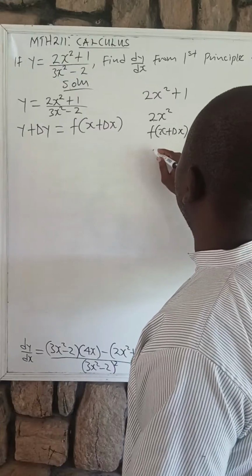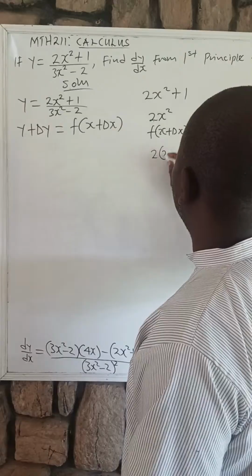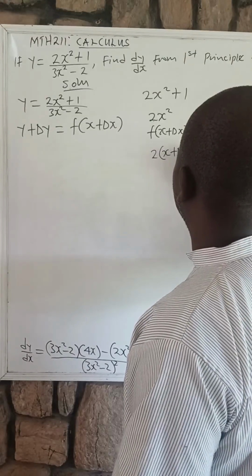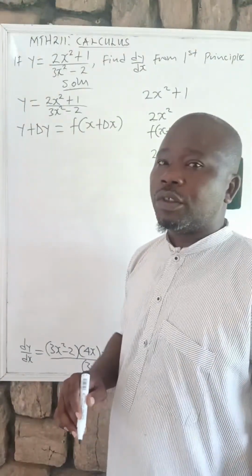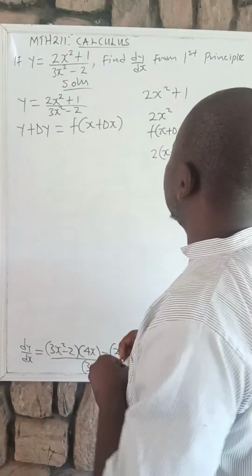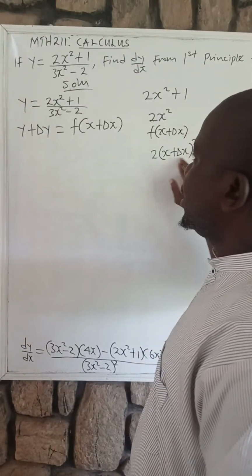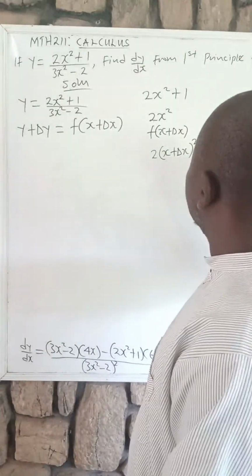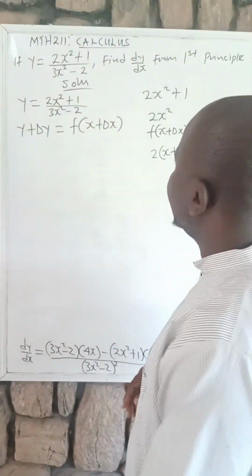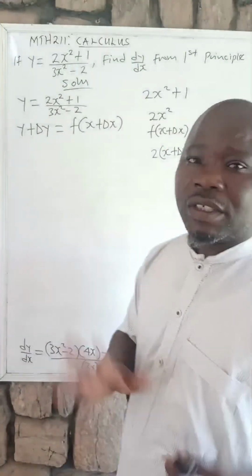So this is how it will be: 2 open bracket, but note that x carries a power, so (x plus dx) raised to the power of 2. Exactly. So anywhere you see x, you substitute in x plus dx. But if it is squared or has a power, don't forget to put the power. Is that clear? But if there is no x, there is no need, you just leave it like that.